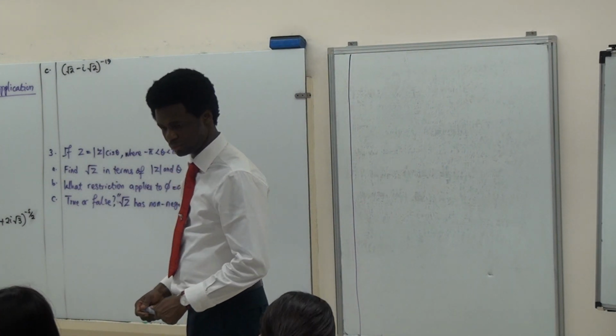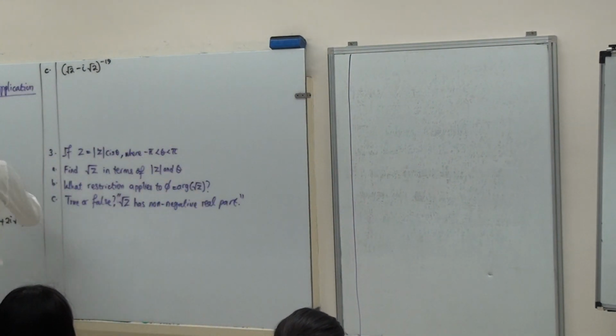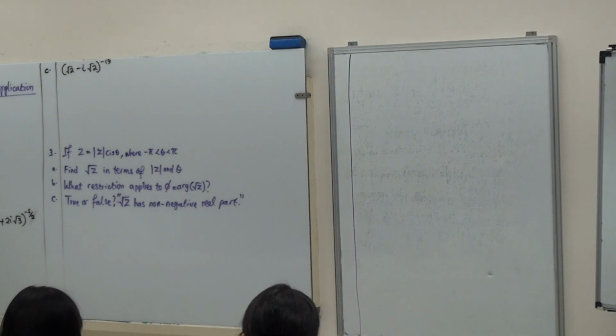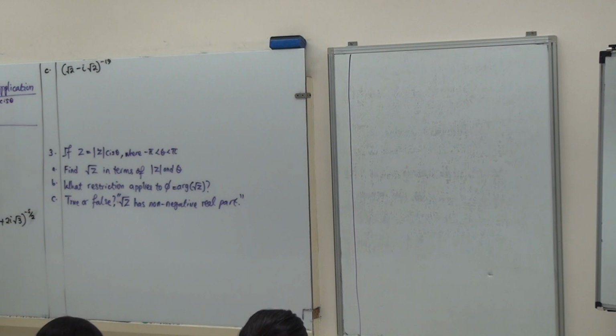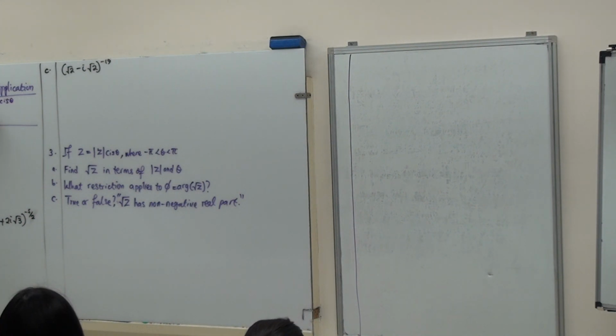you leave it as the... Okay, De Moivre's theorem. By De Moivre's theorem, what is this? Let's put De Moivre's theorem by the corner. If z is absolute value of z cis theta, z to the power n is absolute value of z to the power n cis n theta, right?